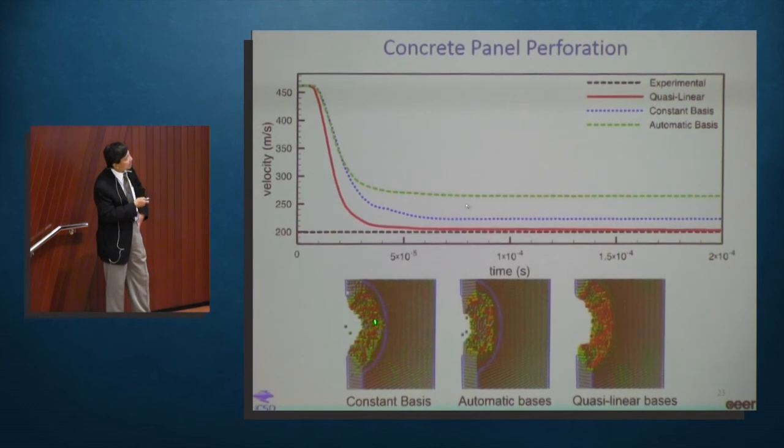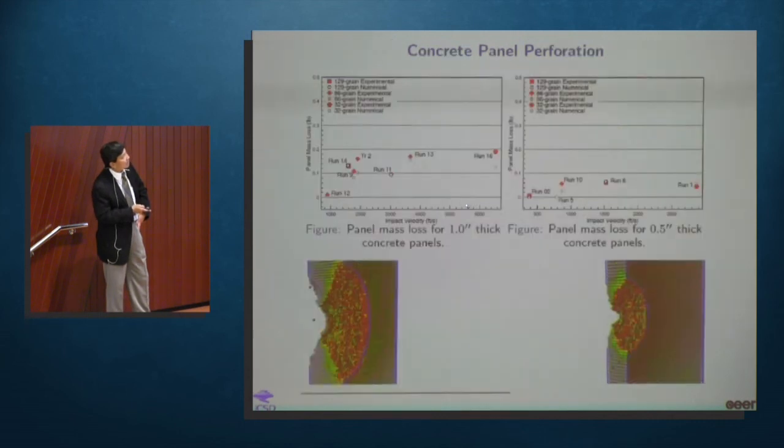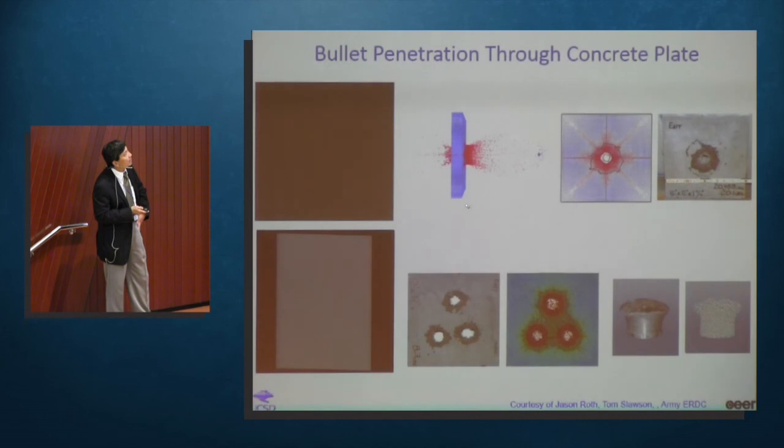You see, linear basis actually has a poor comparison. Automatic basis is also not very good, but with this quasi-linear basis, it compares very well. With different wall sizes and different impact velocities, this is again the experimentally measured crater size in blue color. I'm not sure whether you can see that. For different wall thicknesses, it all agrees very well.